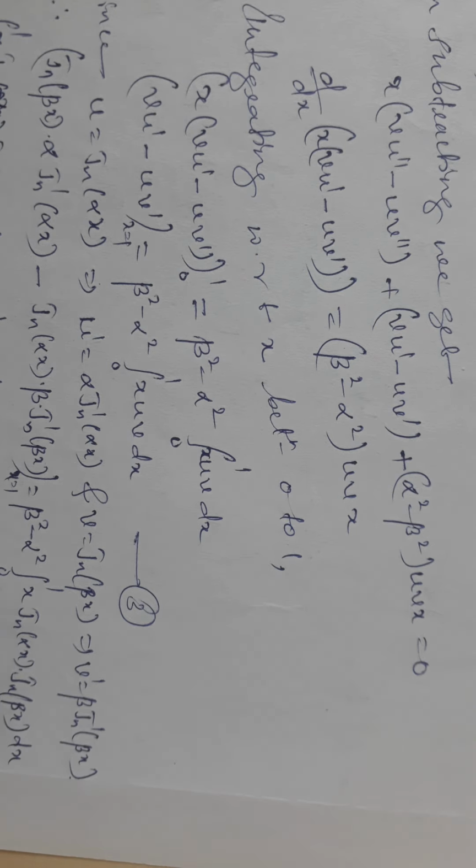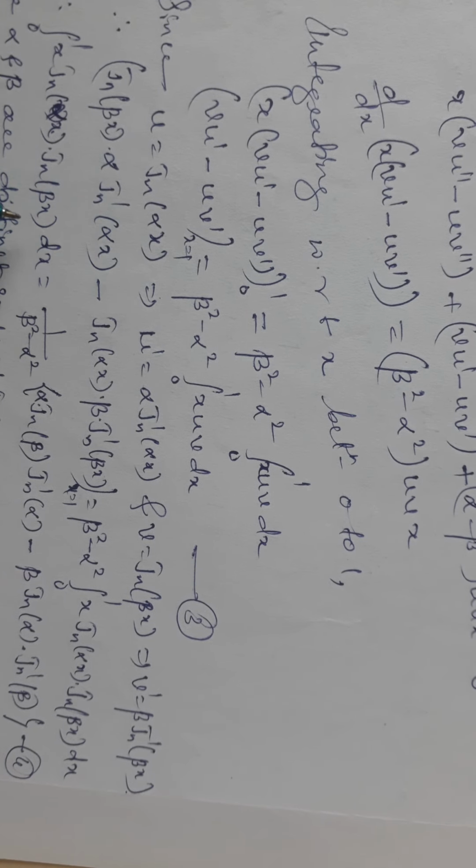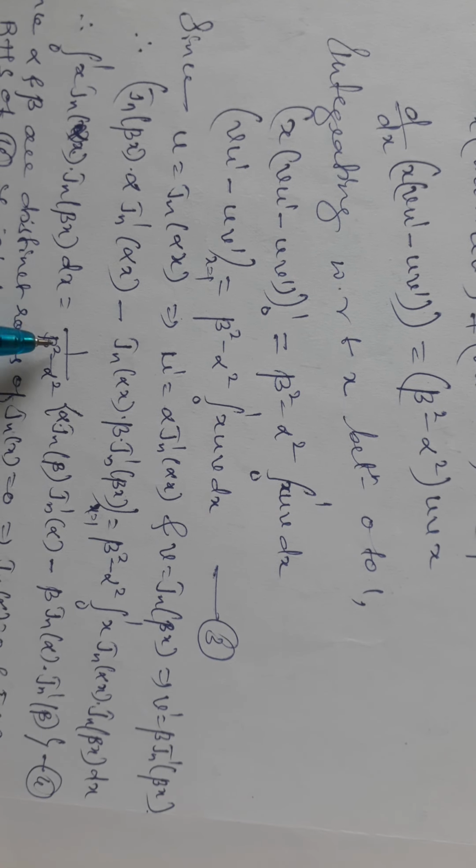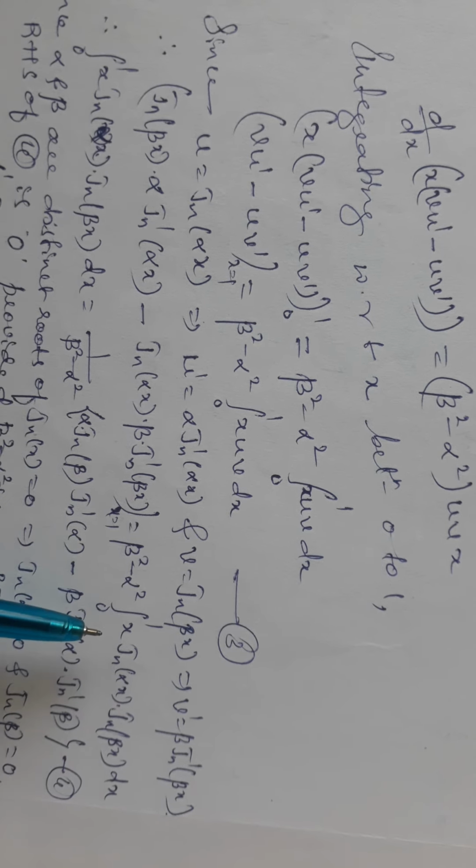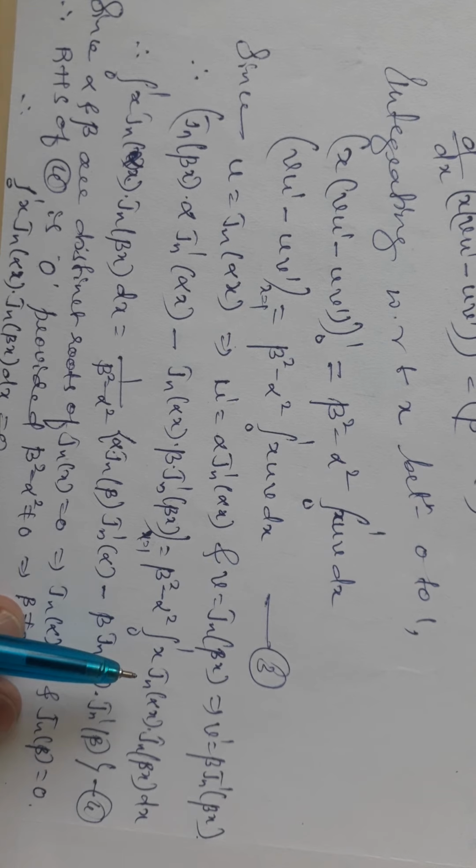Now we can write the integral as the left-hand side term: the integral from 0 to 1 of x Jn(alpha x) Jn(beta x) dx equals 1/(beta² − alpha²) times [alpha Jn(beta) Jn'(alpha) − beta Jn(alpha) Jn'(beta)], with x equal to 1. We call this equation number 4.